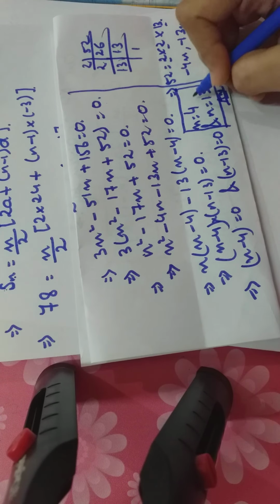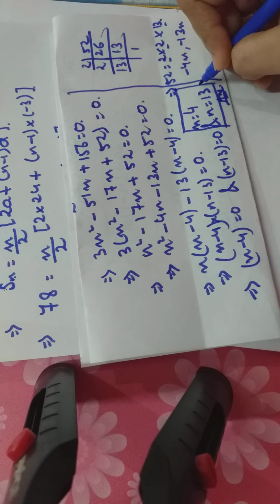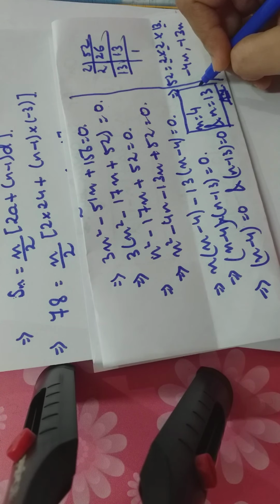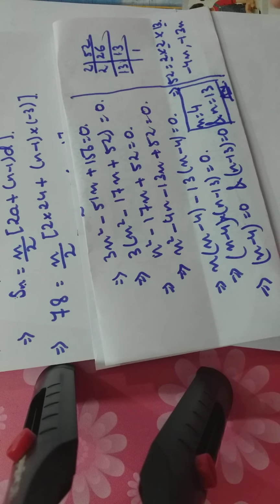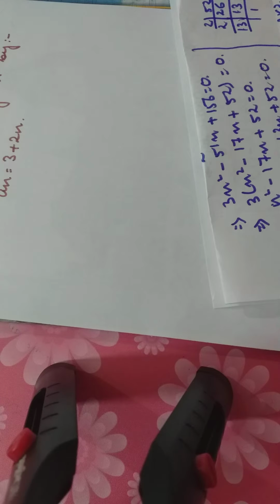Both 4 and 13 are positive natural numbers, so both values of n are acceptable here. The number of terms will be either 4 or 13 for that particular question. Hope you have understood till here.